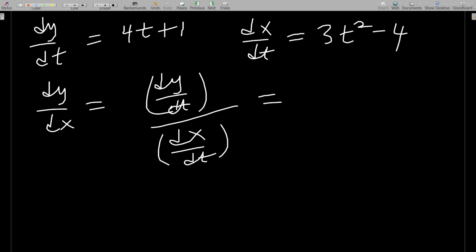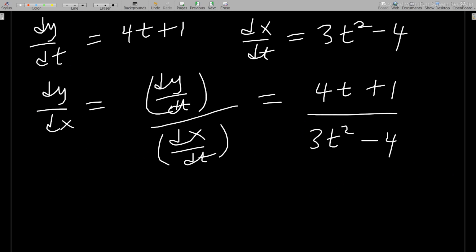So this whole thing will be equal to 4t + 1 over 3t² − 4, and you are done. This is very simple, right? So that is dy/dx.